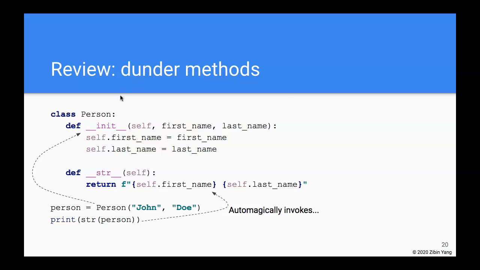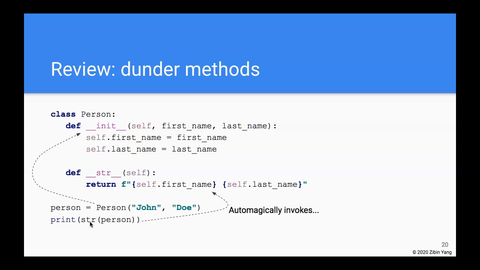And this is the Person class that we've seen quite a few times. We define the dunder init and dunder str methods. And we know that when we instantiate an instance of the Person class, even though we did not explicitly call the dunder init method, it is automatically invoked, right?